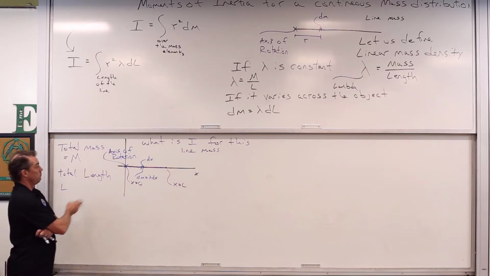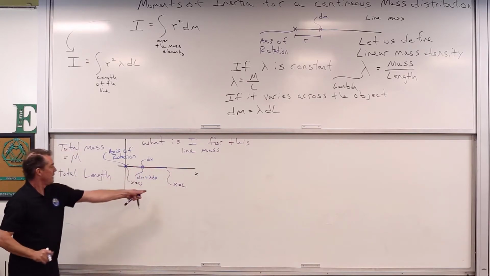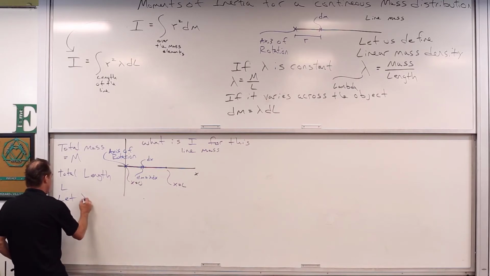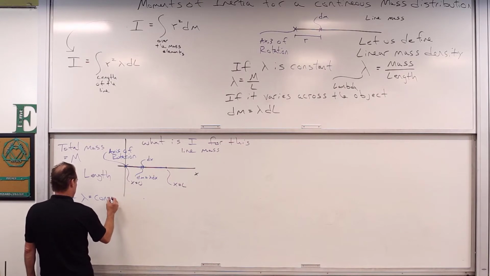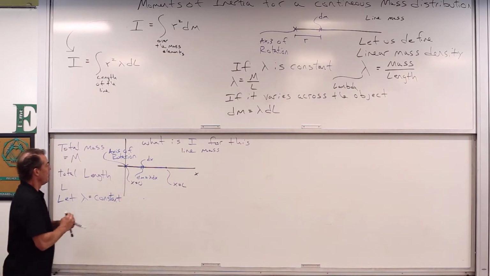All right. So we have some length, and then we have some mass within that length that depends on what lambda is. So we're going to go ahead and let lambda be equal to a constant, and kind of go from here.